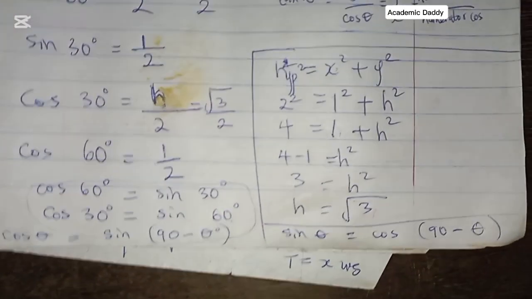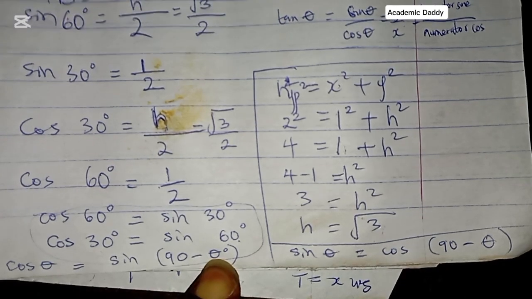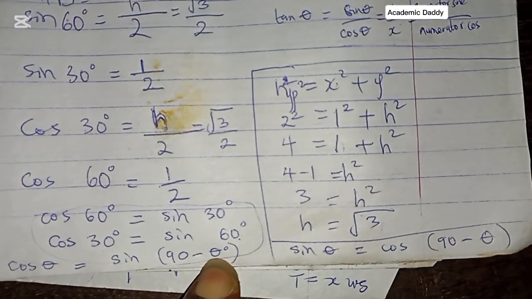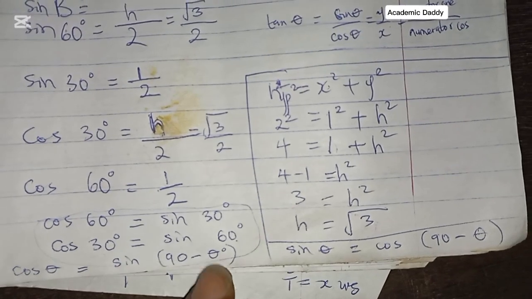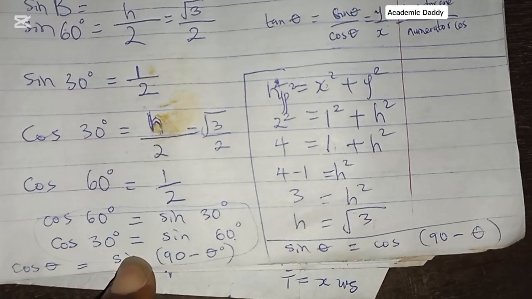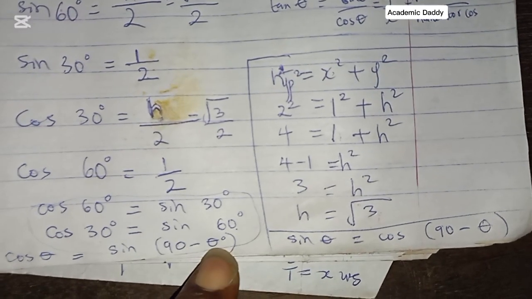So let's see it. Let's say I have the theta that I have here to be 30 for sine. So if I have 30 degrees here, 90 minus 30 is 60.